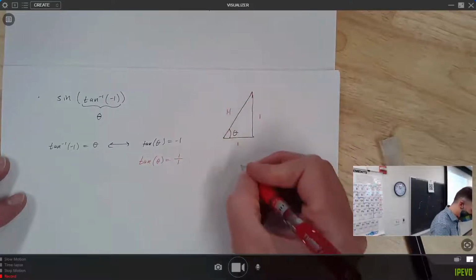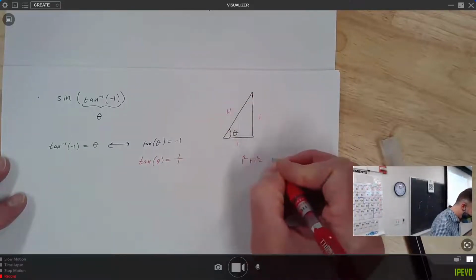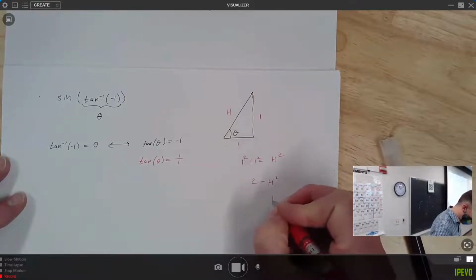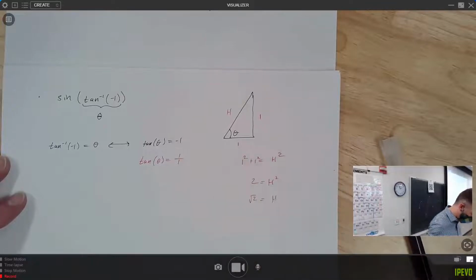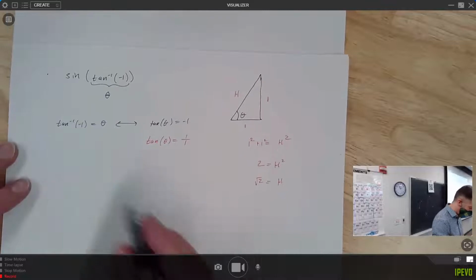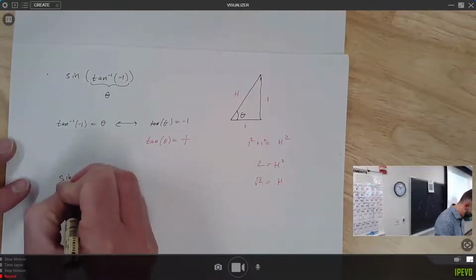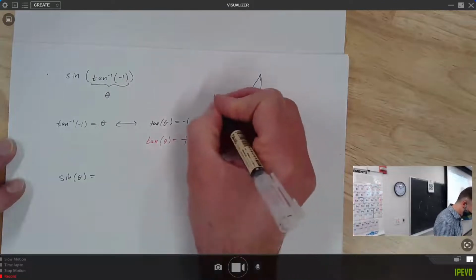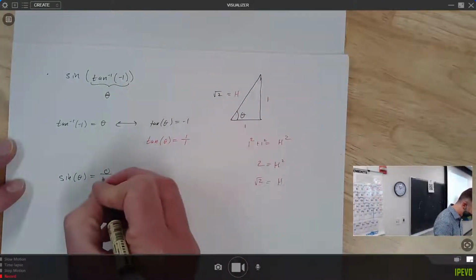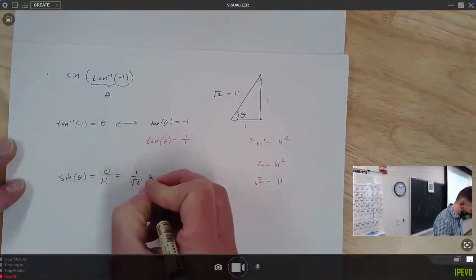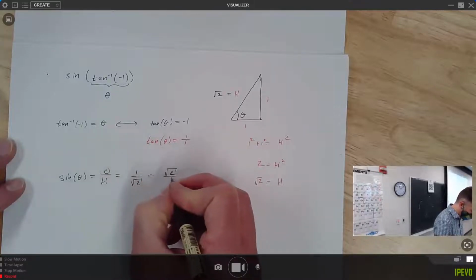So 1 squared plus 1 squared equals h squared, so h squared is 2, and the hypotenuse is the square root of 2. Oh, great. Now if I want to find sine of this angle, it's going to be the opposite over the hypotenuse, which is 1 over the square root of 2, which we typically rationalize as the square root of 2 over 2.